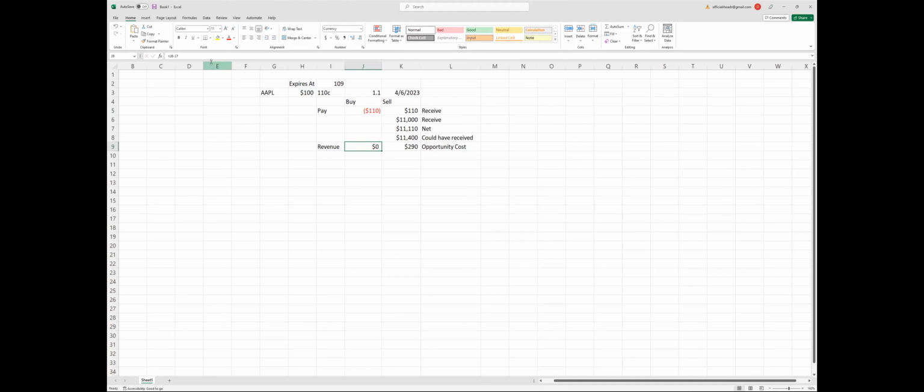Does that make sense? Because just like any option expiring worthless, you're not going to get paid. Now, on this side of things, you're still going to receive your $110. This is how much you pay, or how much you receive as your credit, and then you make $110.